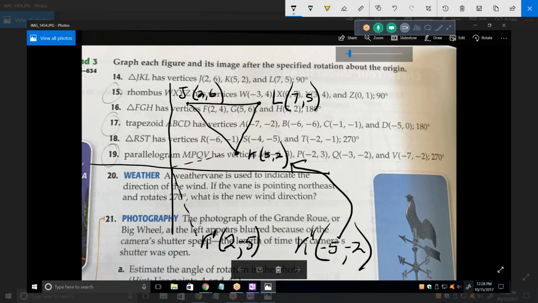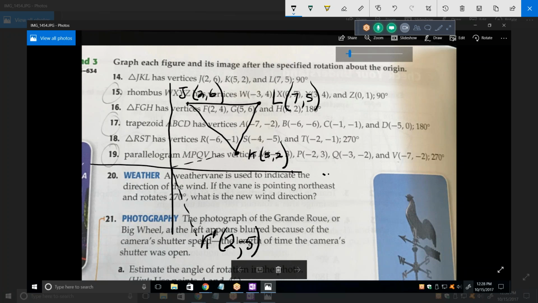That's one way to check yourself to make sure you're doing it right, because I know what 180-degree rotations mean. These others are a little harder to memorize. I'm not sure you necessarily have to memorize them. As long as you can draw a picture, then I can figure out what K prime is, right?